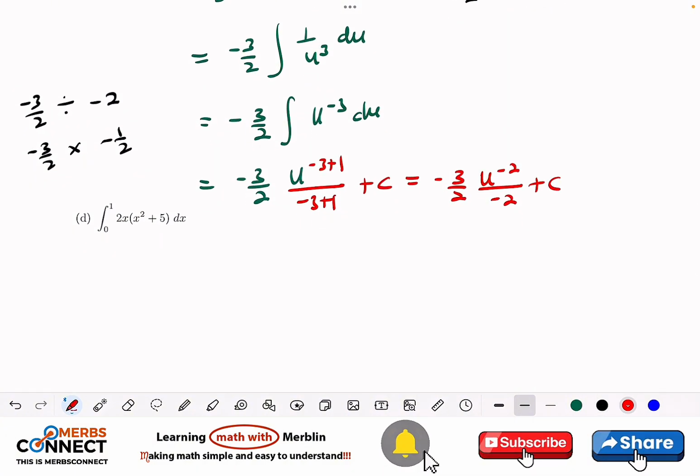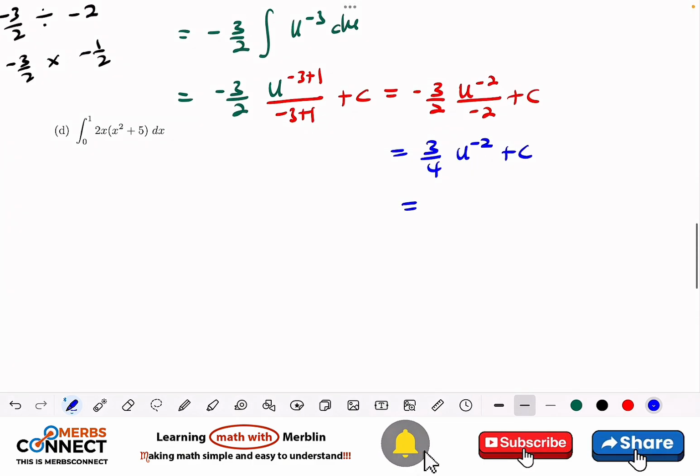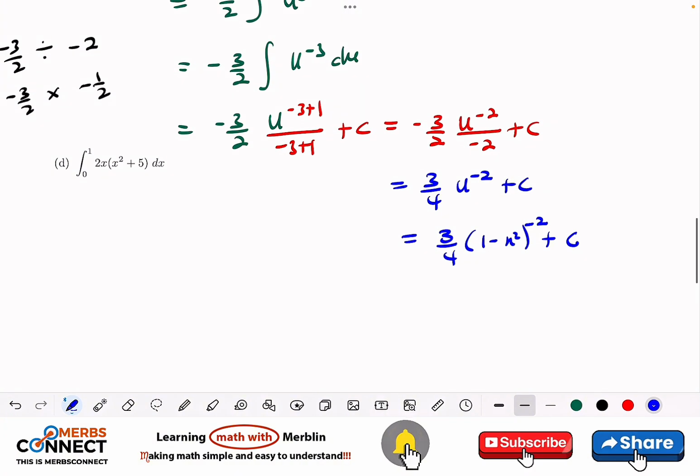So this is going to give us minus, no, there will not be minus, 3 on 4 u to the power minus 2 plus c. Don't forget, what was u? u is 1 minus x squared. So this is 3 divided by 4, 1 minus x squared to the power minus 2, plus c. Minus 2 should be here. So this will be the final result for the C.